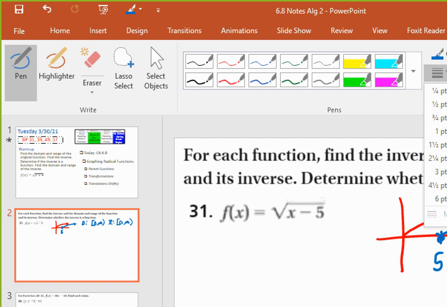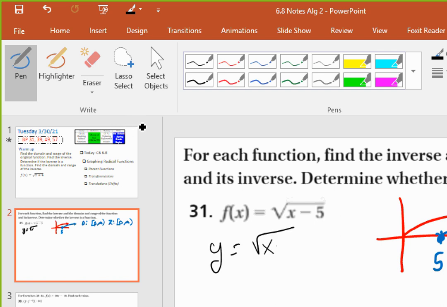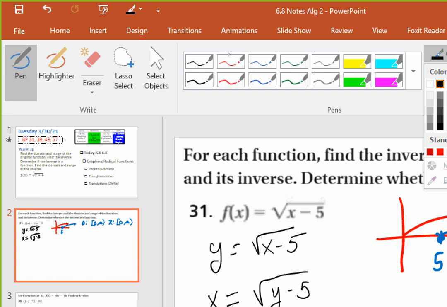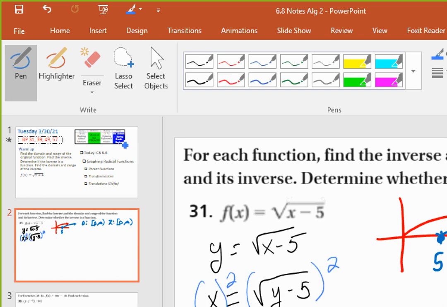Now we want to tackle the inverse function. First step, y is the square root of x minus 5, changing from function notation to y equals. Do the switch, so x is equal to the square root of y minus 5. Now I need to solve. To undo that square root, I square both sides, which leaves me with just y minus 5 on this side.